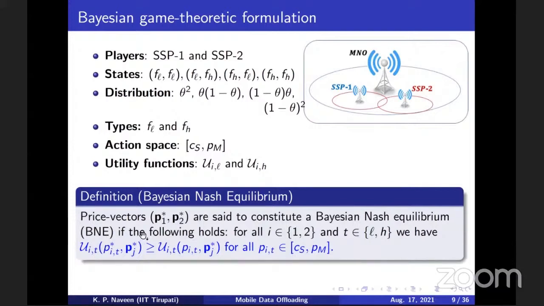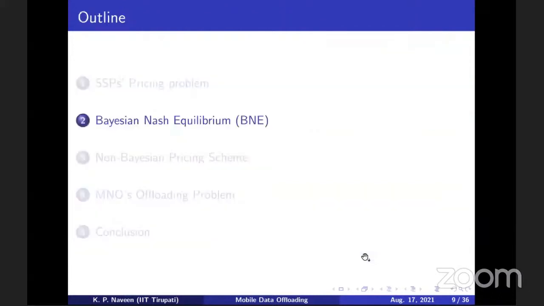So this is the standard Nash equilibrium definition: if I deviate from P i T star to any other strategy, it is not going to be economical. So this is the definition of the Bayesian Nash equilibrium, and our objective will be to characterize this Nash equilibrium.